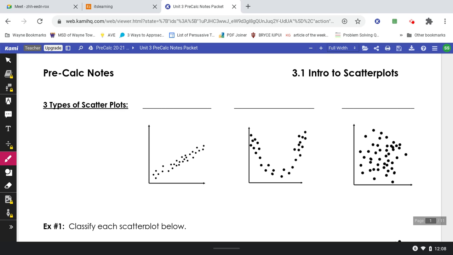So you've got your three basic types of scatterplots. You have this first one, which is what we call linear, because again, they are generally in the shape of a line. The next one is what we call nonlinear. Nonlinear can be any other mathematical shape. So it might be a parabola.